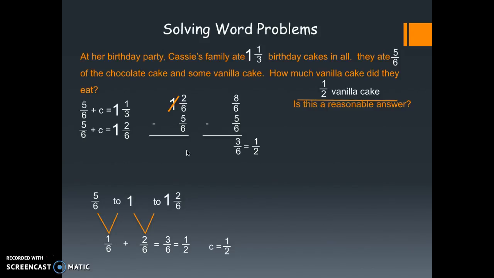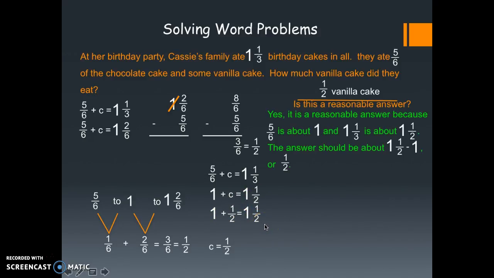So let's check and see if this is reasonable. So 5/6 plus vanilla cake equals 1 1/3. 5/6 is very close to 1. 1 1/3 is very close to 1.5. So now I know that 1 plus a half is going to give me 1.5.